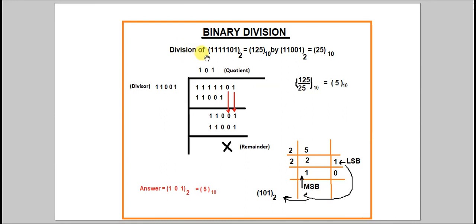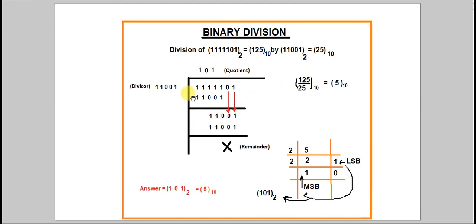Let's now divide two numbers: 125 divided by 25, which will be equal to 5. This is the decimal number system. In the binary number system, 125, if you convert it, is equal to 1111101 to the base 2, and 25 is 11001.